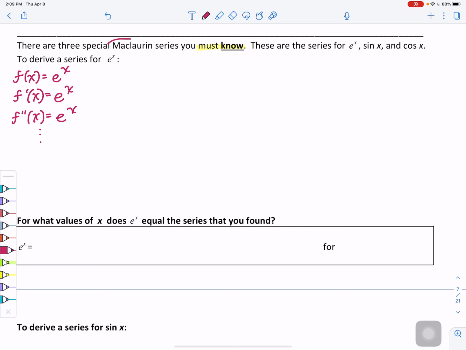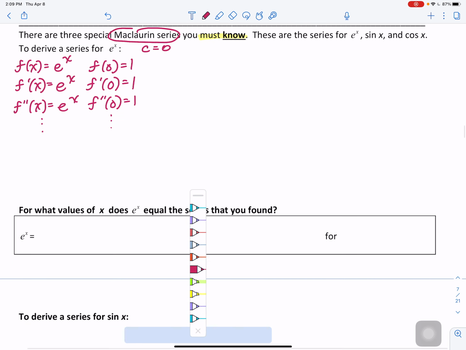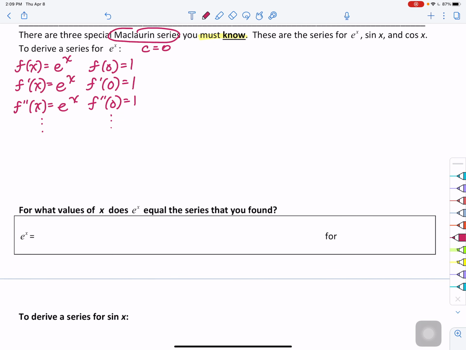So if it's a Maclaurin series, we know c is 0. So f of 0 is 1, f prime of 0 is 1, f double prime of 0 is 1, and so forth. So what we're doing here is we're going to derive a formula. These series, we're going to derive an infinite series.